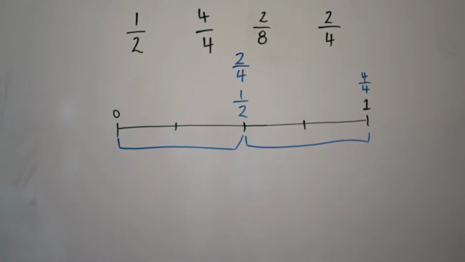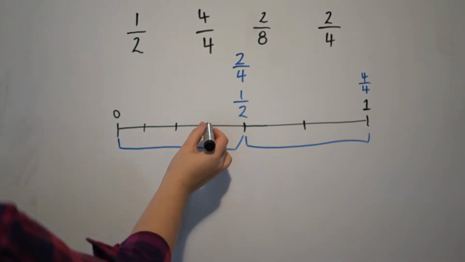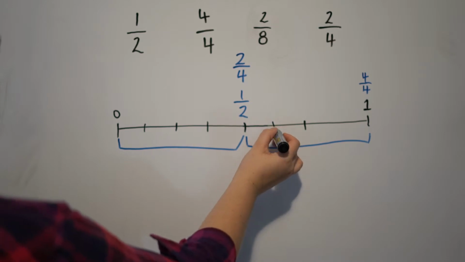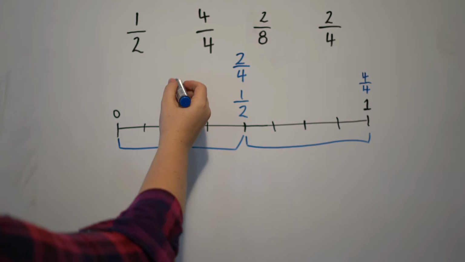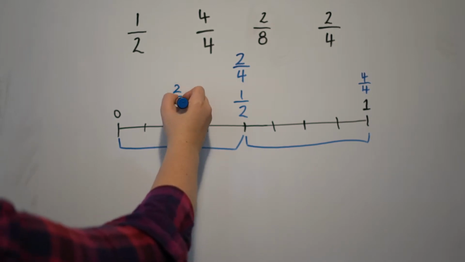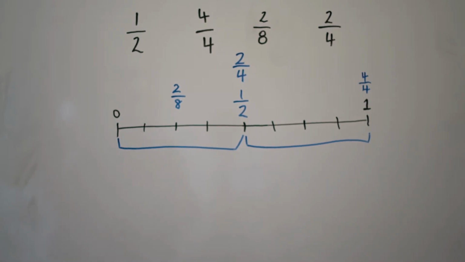I need to make my number line into 8 sections rather than 4 sections. So I'm going to separate each of my quarters into 2 parts. All I have to do is work out what the second eighth is. 1, 2. And there we have it. We have now ordered those fractions on a number line.